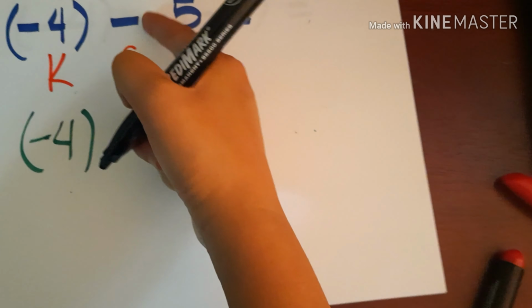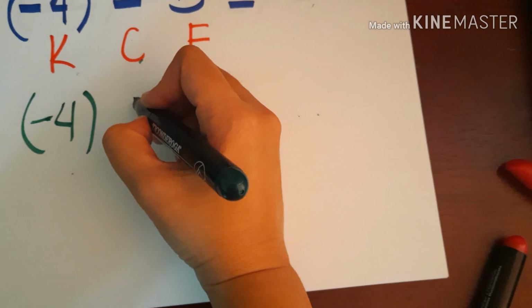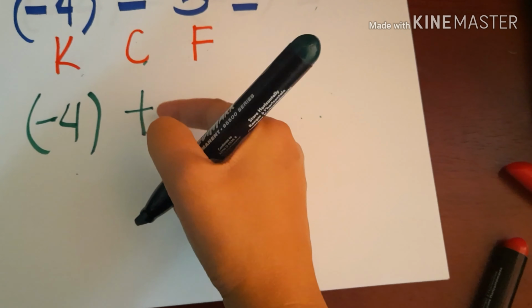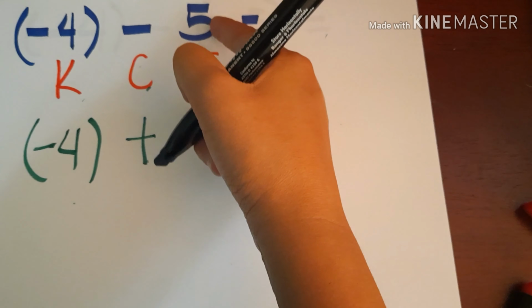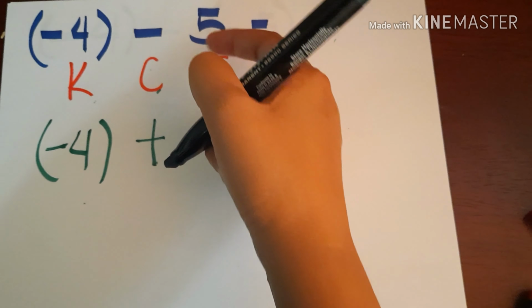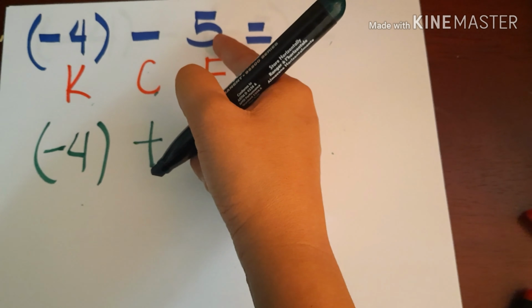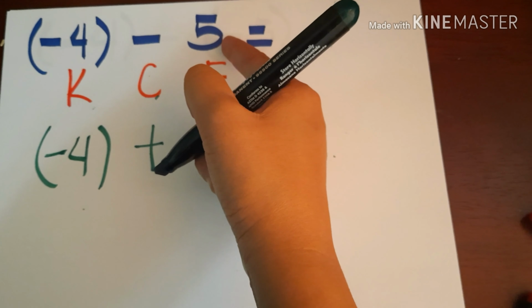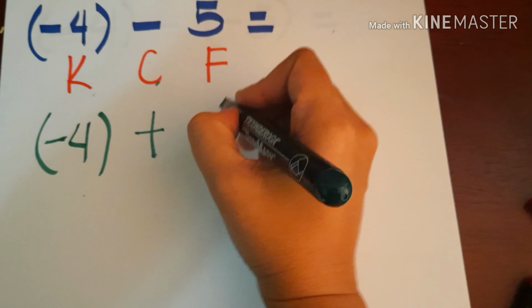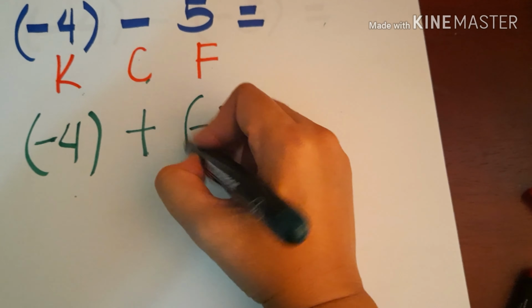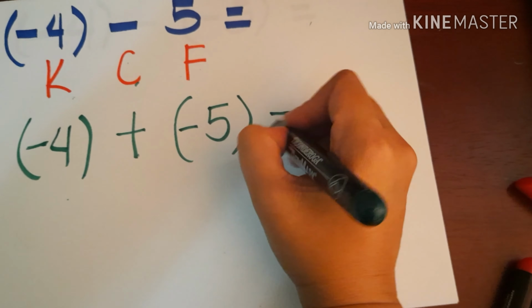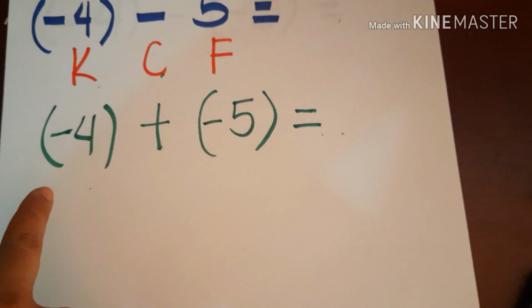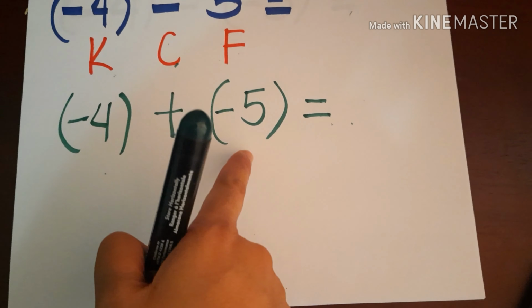We change the operation sign, so subtraction sign would become addition sign. Flip the second term, which is positive 5. So what's the flip of positive 5? That would be negative 5. So now we have negative 4 plus negative 5.